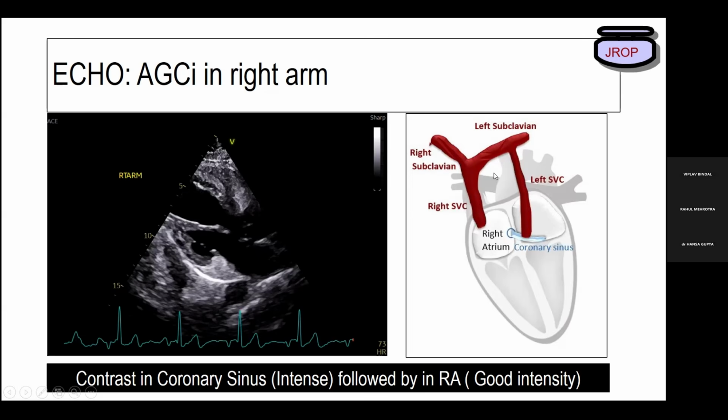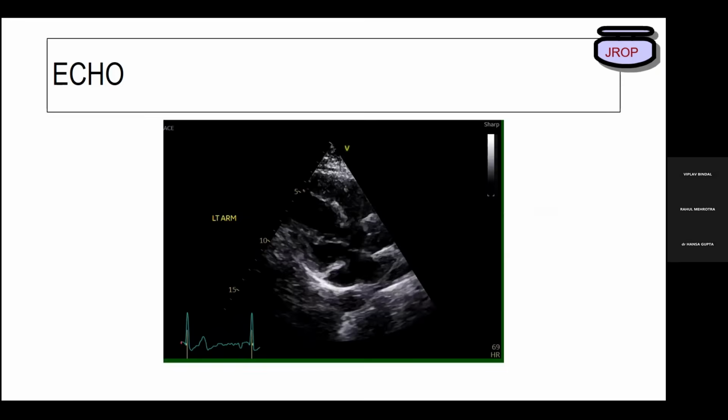So what does it mean? It means that before the contrast from the right subclavian vein goes into the right atrium and right ventricle, it is sent through the brachiocephalic vein into the coronary sinus, suggesting that a persistent left-sided SVC is present. Correct?